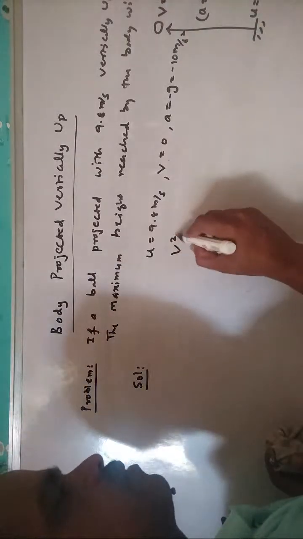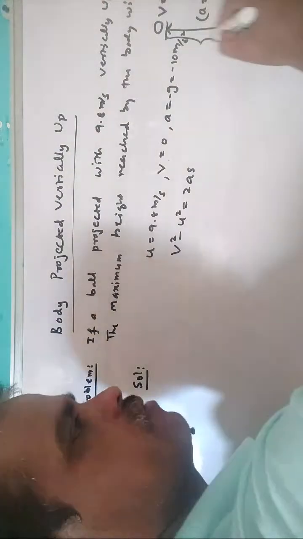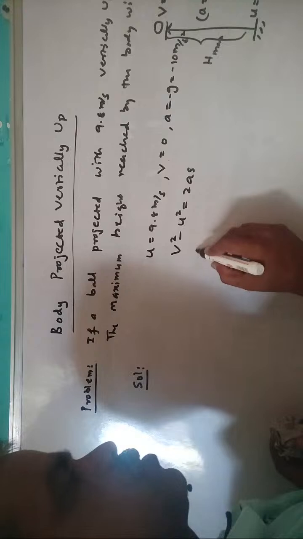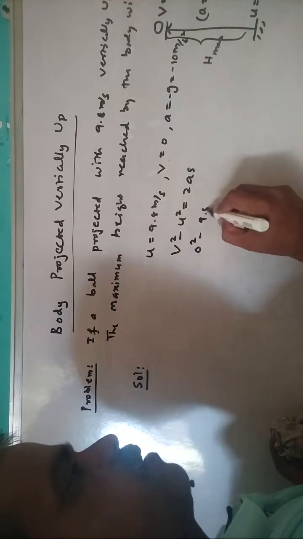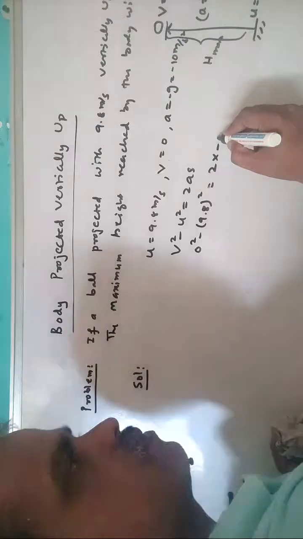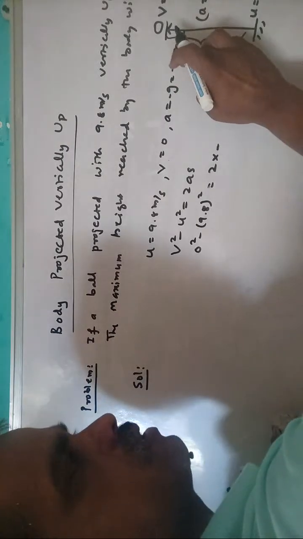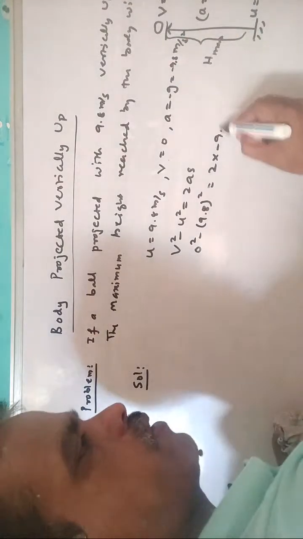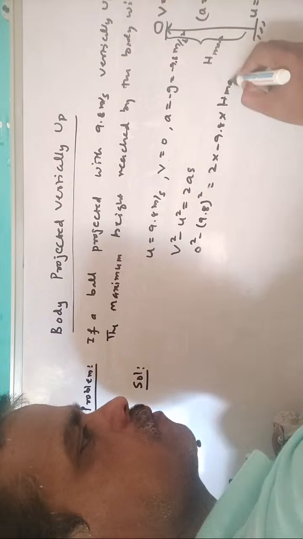Just substitute in this one, 2as. So this is the maximum height, h max. Now v square equal to 0 square, u equal to 9.8 meter per second, then 2 into minus g. G also, instead of 10 take 9.8, into h max. From this you can calculate easily h max.